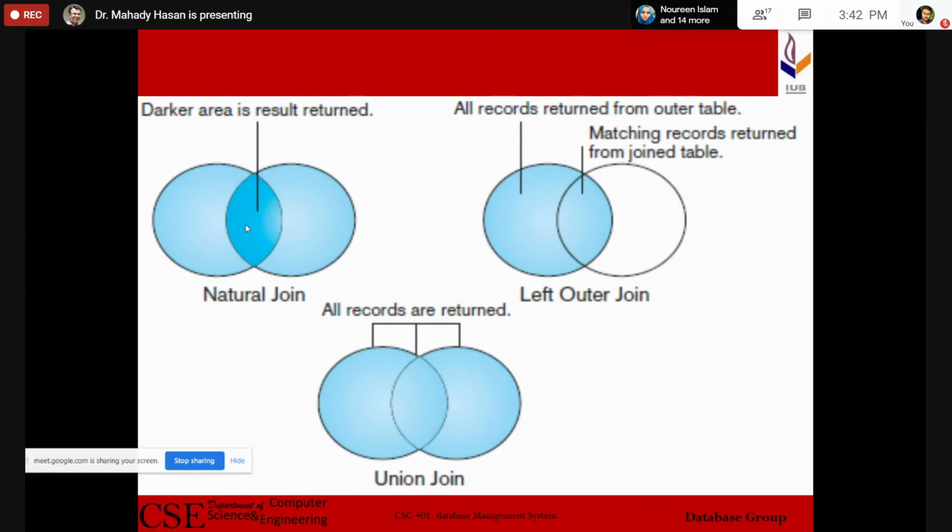So in natural join, what happens? Join means this part will come, the left part of the circle, and the right part of the right-sided circle will come. But the thing that is common in between these, how many times will they occur? Typically they should occur once, but when we do natural join, they will occur twice.